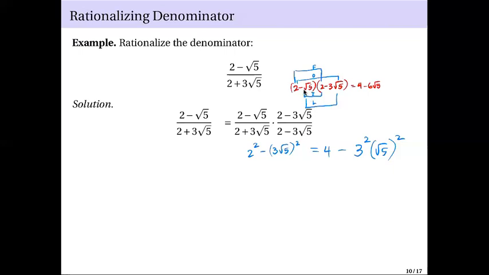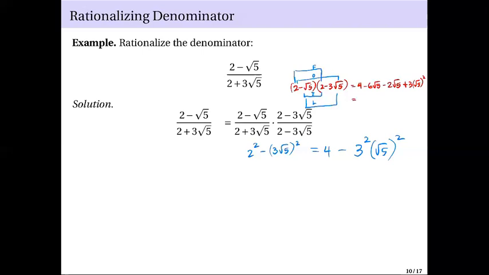And then the inner, you have minus square root of 5 times 2. So you will have minus 2 square root of 5. And then negative square root of 5 times negative 3 square root of 5, you will have plus 3 square root of 5 quantity squared.